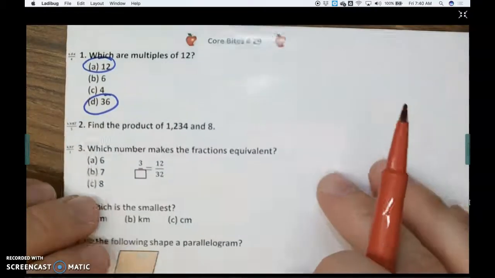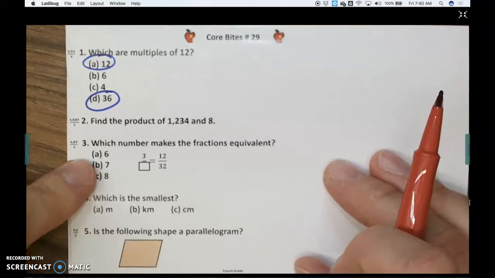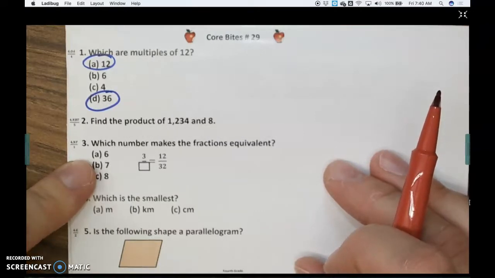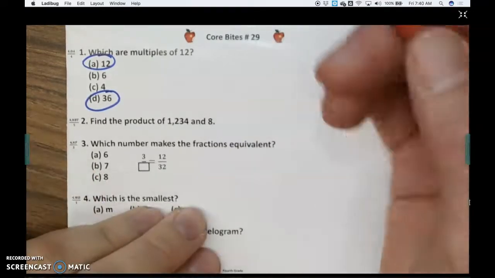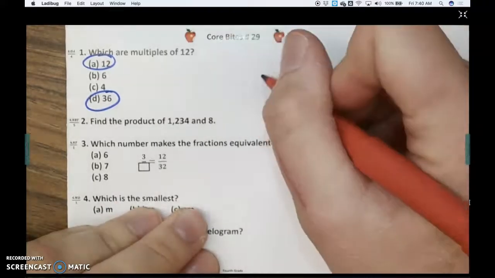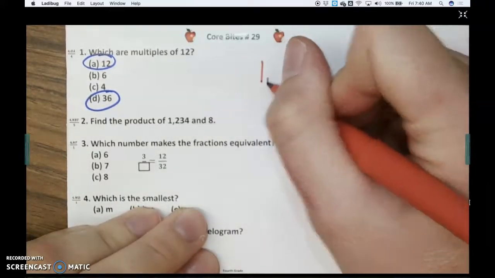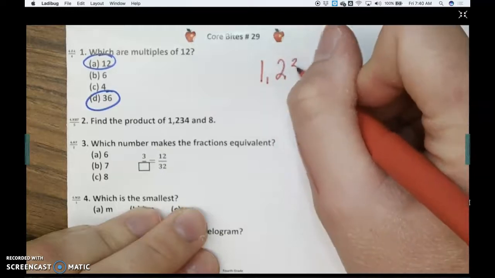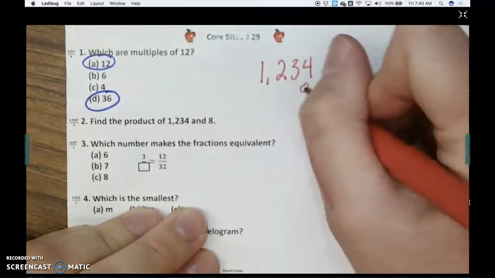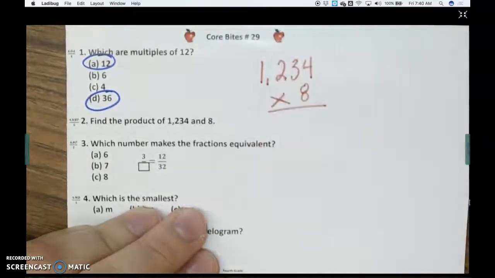For number 2, find the product of 1,234 and 8. So what you're going to do is multiply, because that's what it means when you're finding the product. So we're going to multiply.